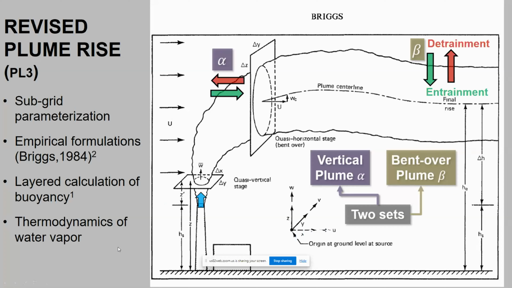So the new plume rise algorithm is partially based on the previous algorithms, where we use empirical parameterization by Briggs. In that formalization, the vertical and bent over plumes are treated separately using different coefficients for entrainment and the volume flux.